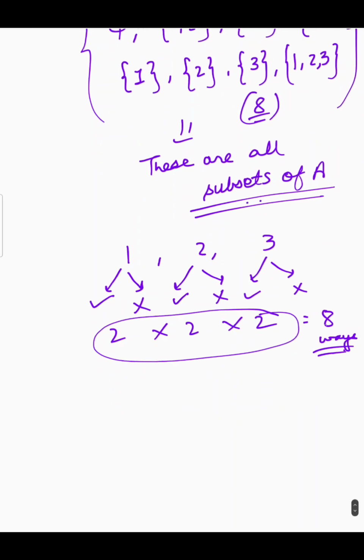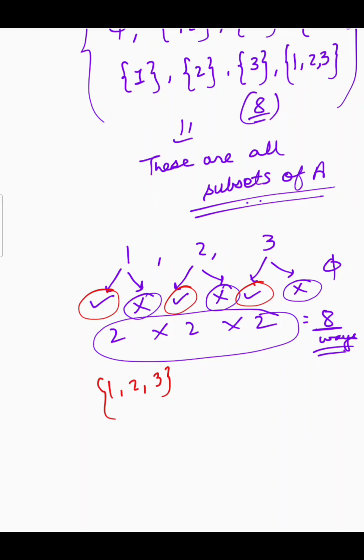See here, there is one way we are counting where we are not taking 1, not taking 2, and not taking 3, and that forms the empty set. And another one where we are taking 1, taking 2, and taking 3, and that forms the set {1, 2, 3}. So this is how this number comes as 2 to the power n.